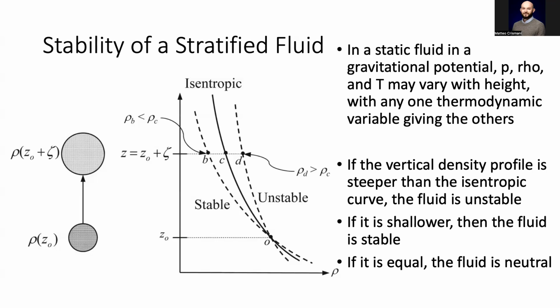Shallower is more left, right. So here, this claims that rho d, the density at this point, being larger than the density at this point, right, means that it's unstable. So if I bring this parcel and it's more dense than C, what will happen?